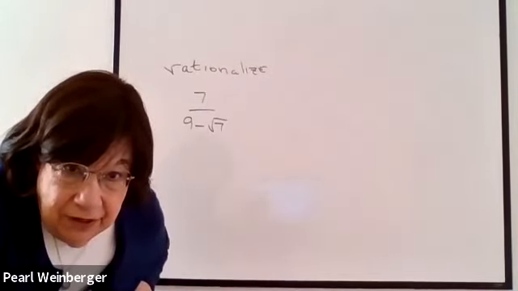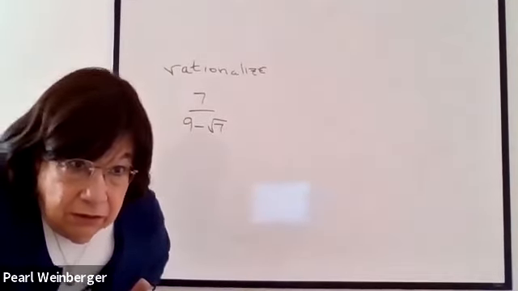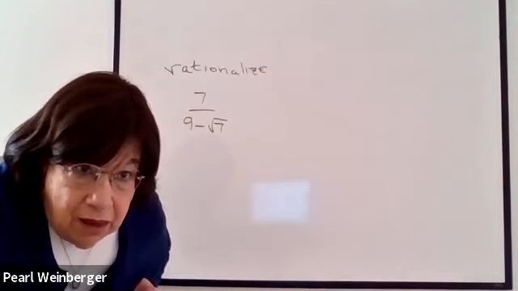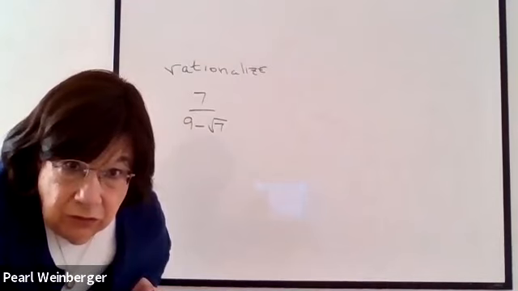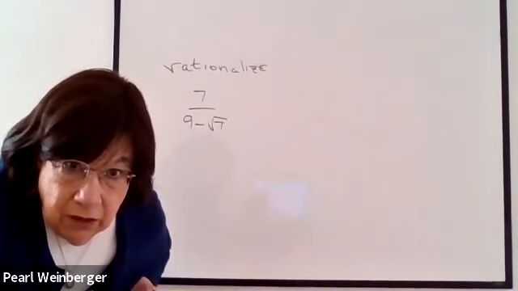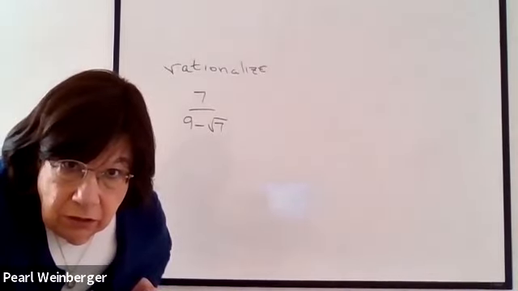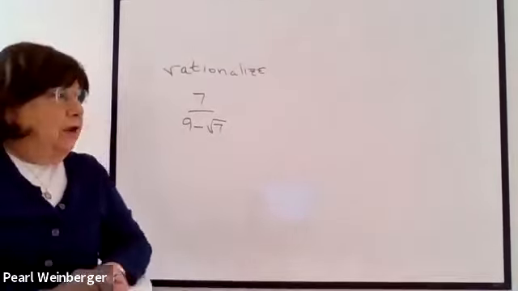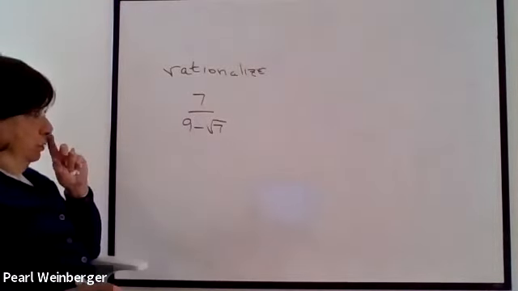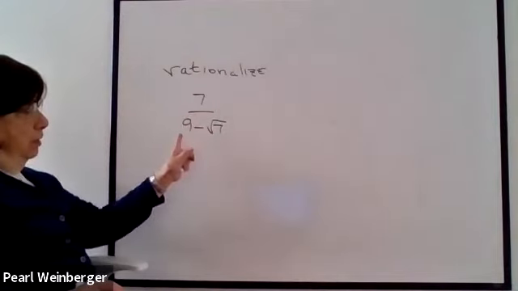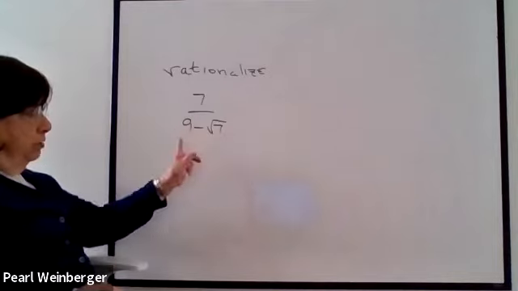Okay, I see we have an answer. Let's see if it's right. Okay, so if I do what I said I was going to do before, I look at my denominator and I see my denominator has two terms because there's a minus between the number and the radical 7.